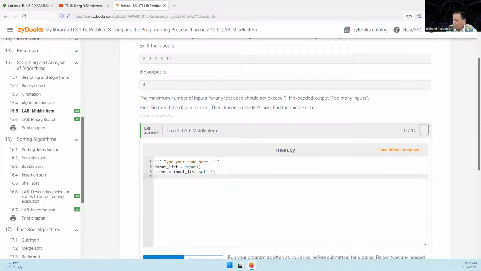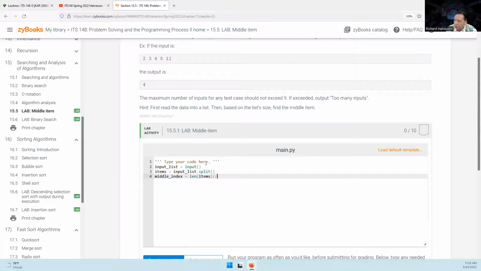Okay, so the middle item is middle index equals the number of items in the list, which is len items, divided by 2.